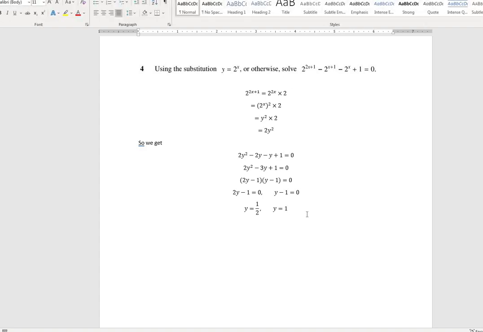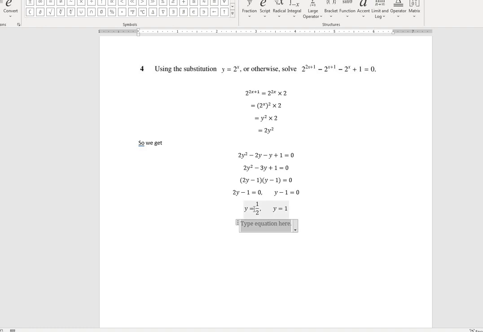Just bear in mind that we want to find the value of x. So do not stop up to this point. Make sure you continue until you get the value of x. So y is actually equivalent to 2 to the power of x. Bear that in mind.